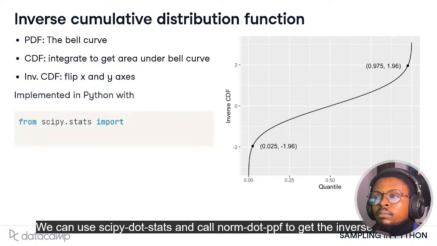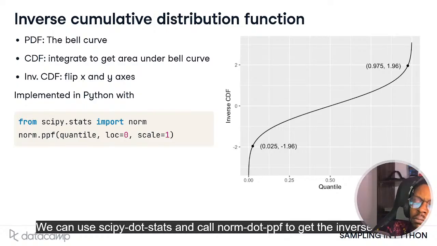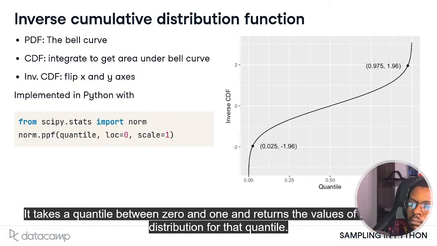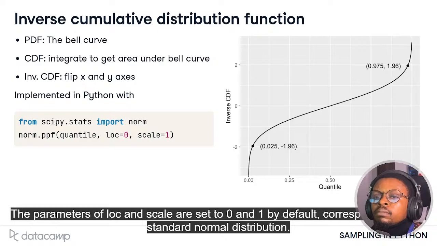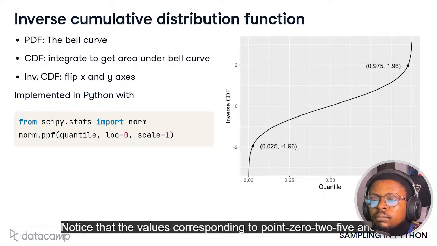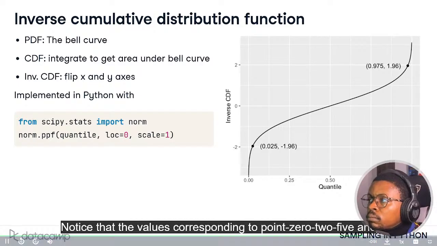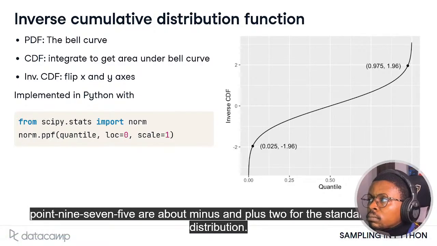We can use scipy.stats and call norm.ppf to get the inverse CDF. It takes a quantile between 0 and 1 and returns the values of the normal distribution for that quantile. The parameters of loc and scale are set to 0 and 1 by default, corresponding to the standard normal distribution. Notice that the values corresponding to 0.025 and 0.975 are about minus and plus 2 for the standard normal distribution.